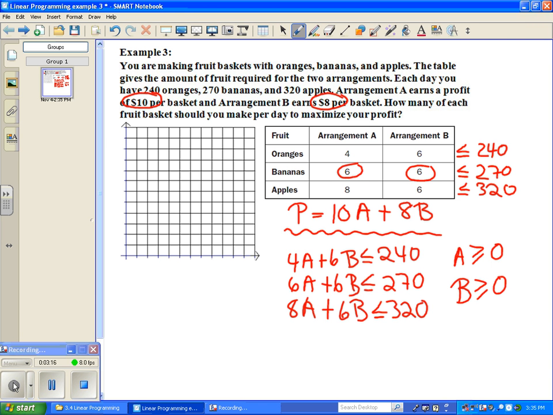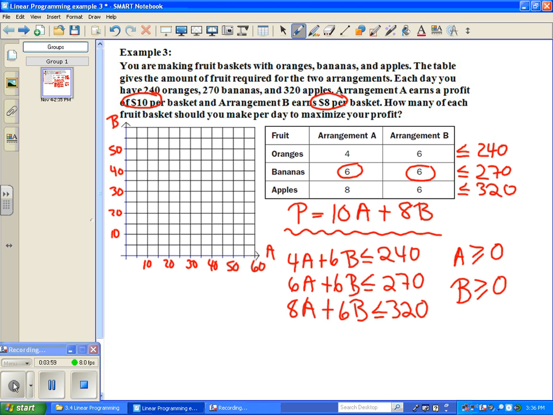Okay, so let's go to the coordinate plane and label our axes. Let's use 10 for each two boxes. We're going to use A on the x-axis and B on the y-axis. Okay, so let's plot some constraints.